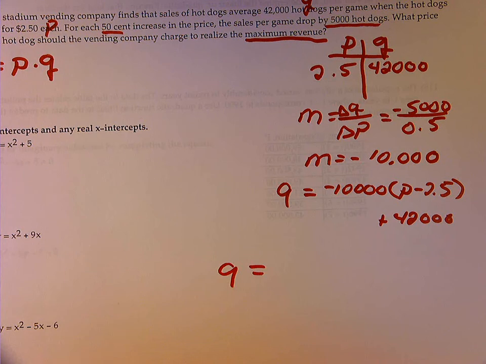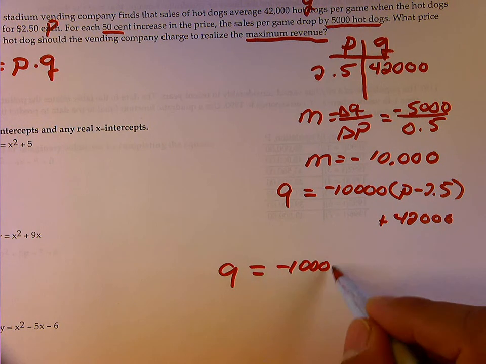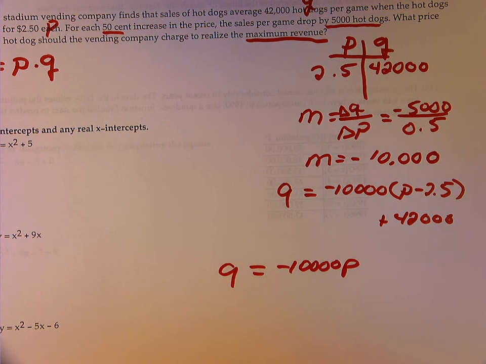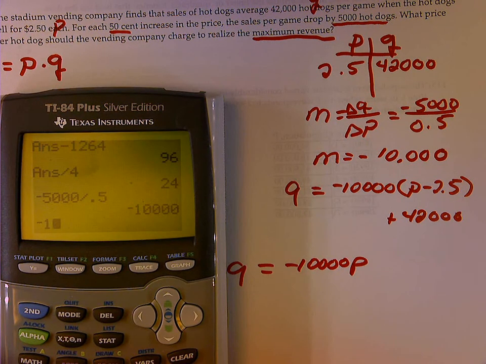Q equals, I'm going to simplify, negative 10,000 P, and I'm going to multiply negative 10,000 times negative 2.5, and I'm going to add that to the 42,000. You know what? I'm going to stop this recording.